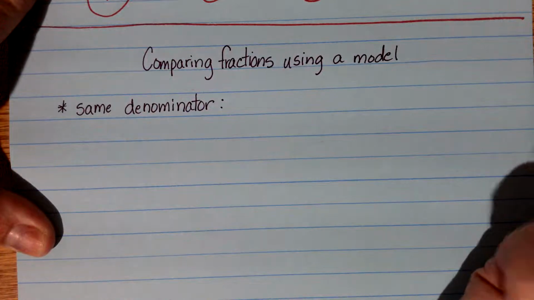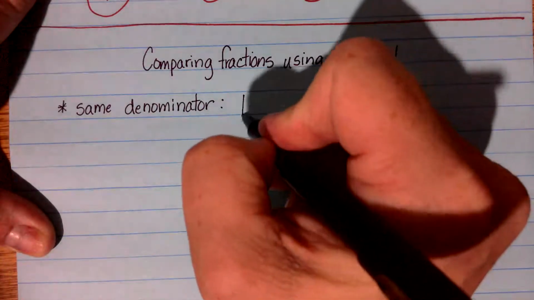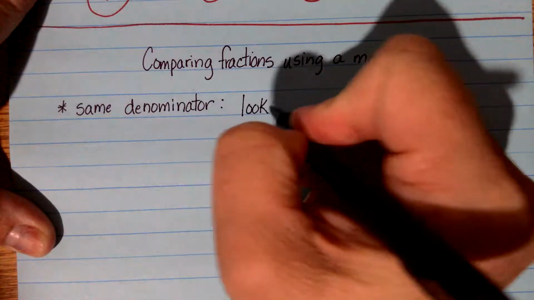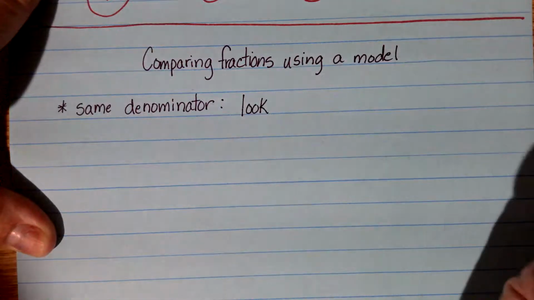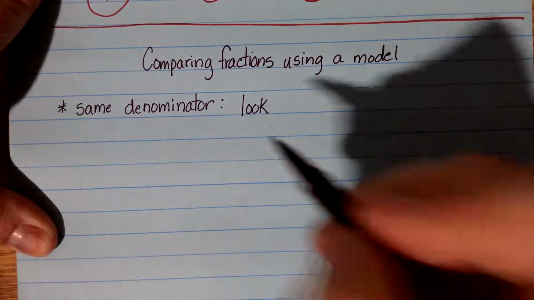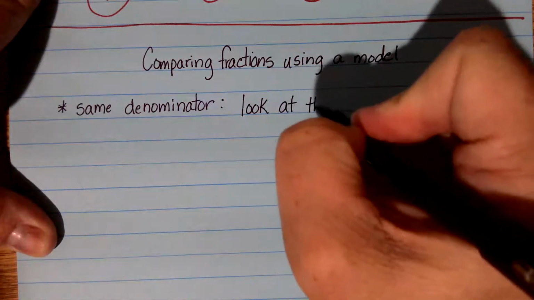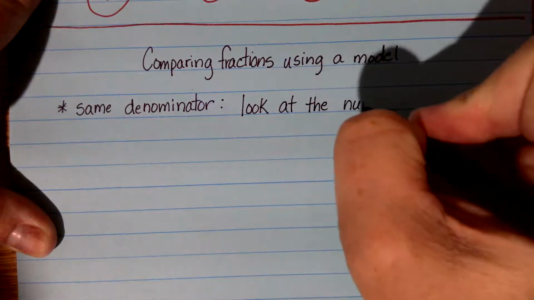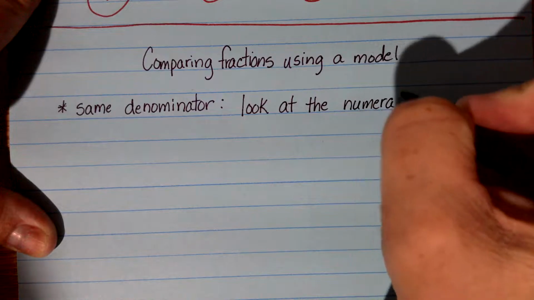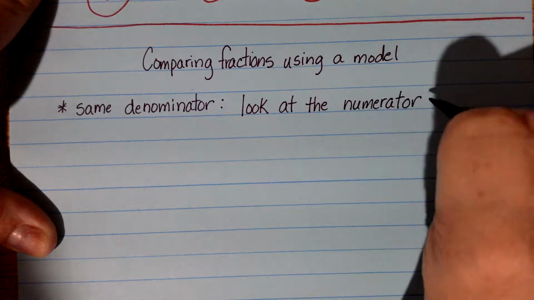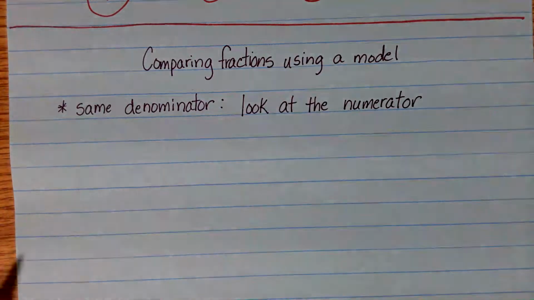We look at the numerator, and whichever one is greater on the numerator is actually the greater fraction. So for instance, let me get my fraction bars out here.